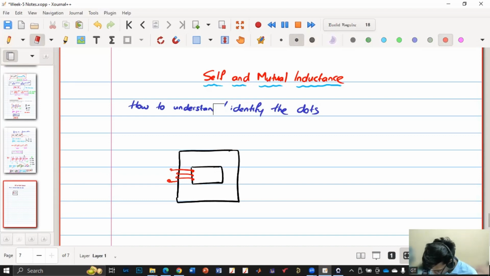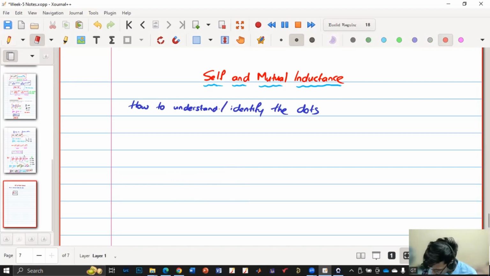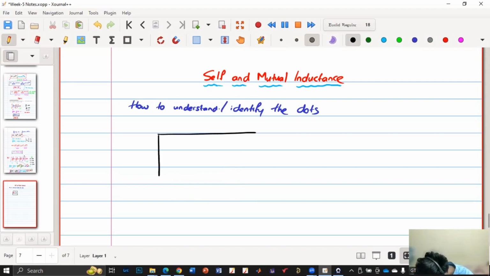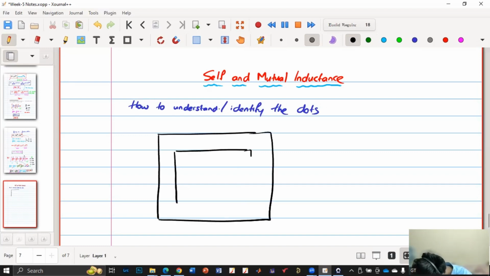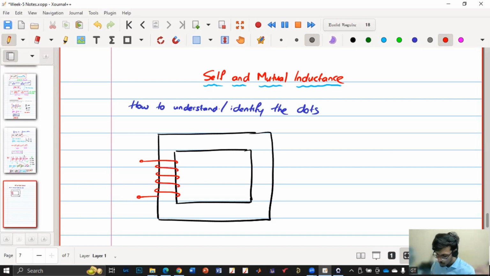Or maybe I should draw a bigger diagram, then it will be better. So here, say the input is there and current I1 is flowing like this. And on the output side, say the load is connected here.